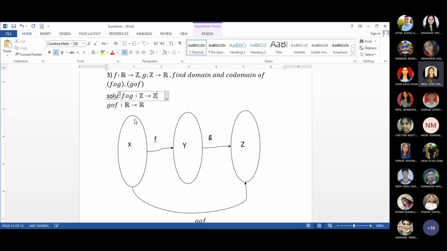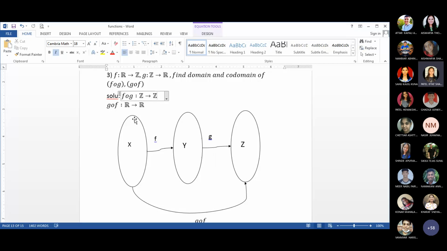I'm not sure about the f composed with g part. Okay, fine, we get g composed with f. So you didn't get the f composed with g part. That is what you are telling.